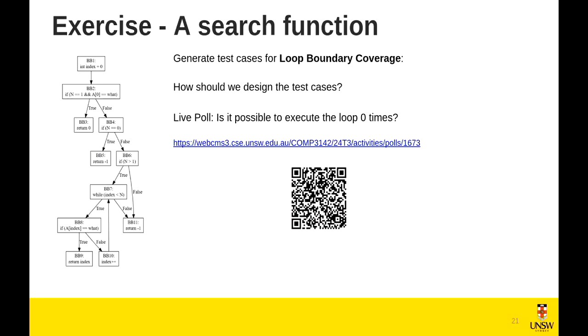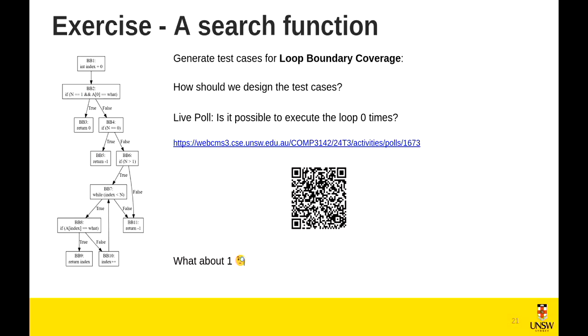So if n is larger than 1, we have to get inside this loop anyway. We can't execute the loop 0 times with any test cases in this example. As you can see, this example covers a lot of corner cases.